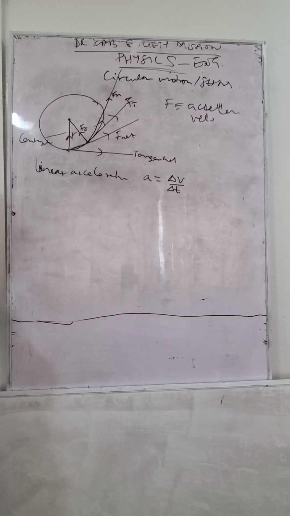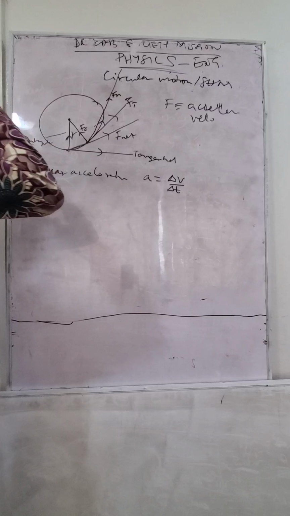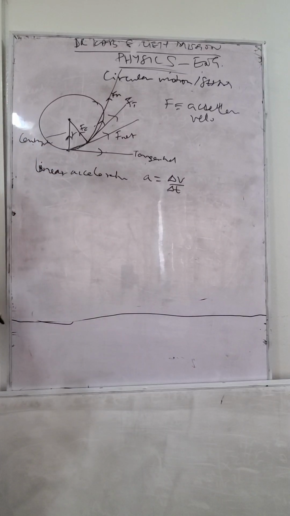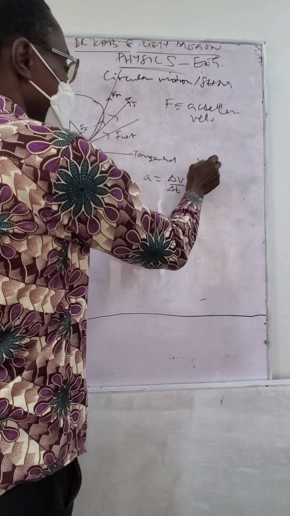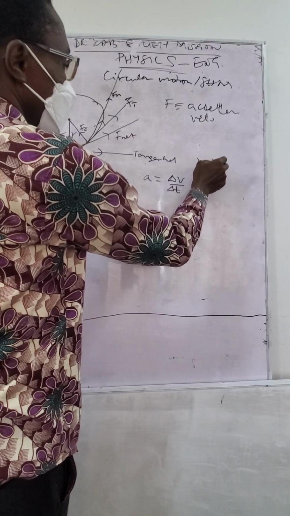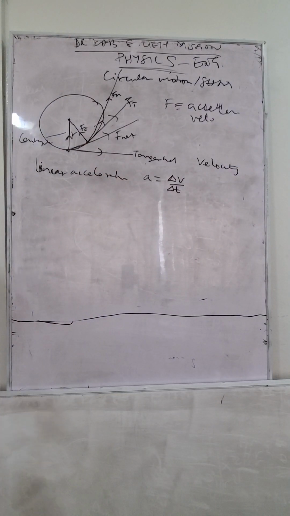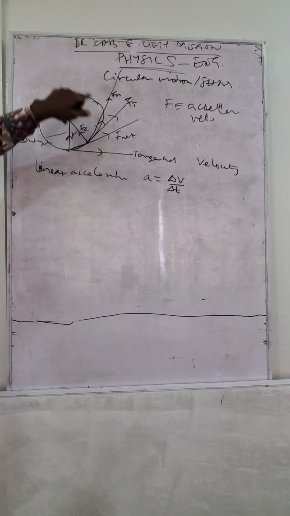That is acceleration. Good. Now, if the body is moving in a circle and it is moving with a constant linear velocity, okay, constant velocity, that's the velocity in the linear sense. It is moving with a constant velocity around the circle.